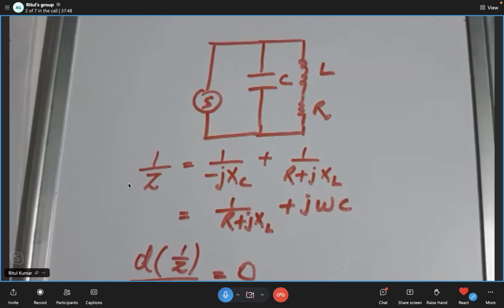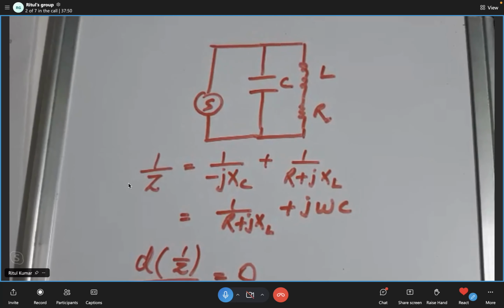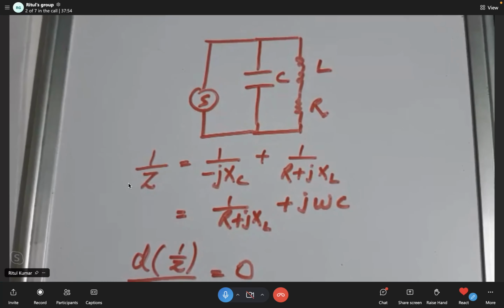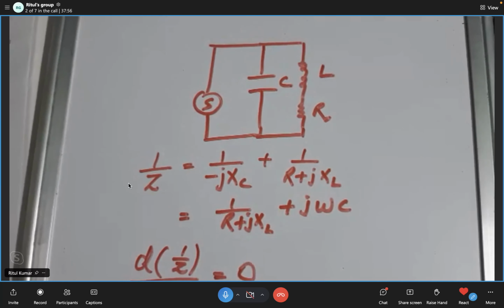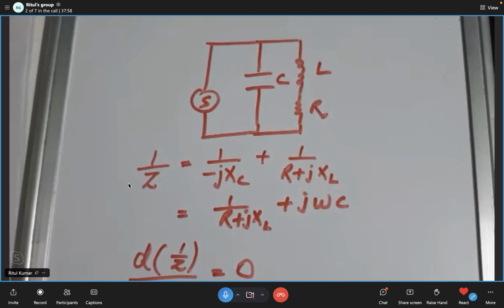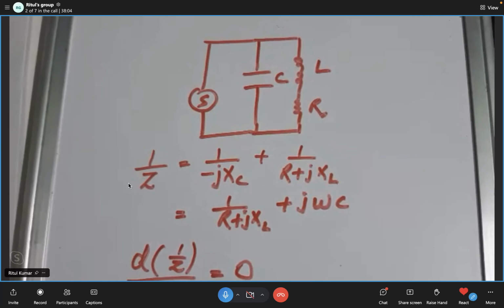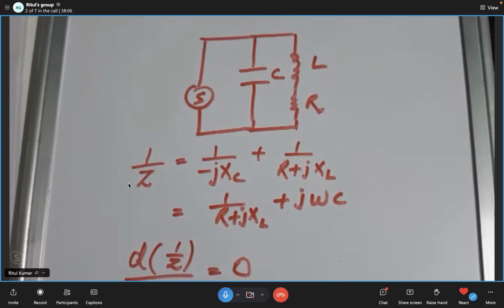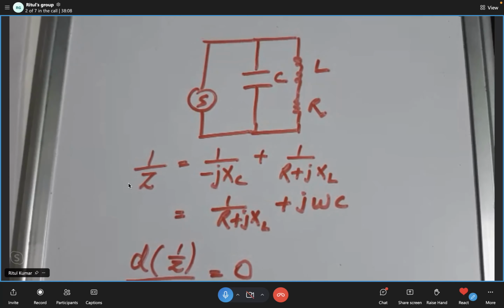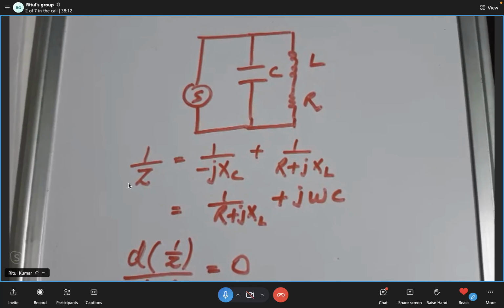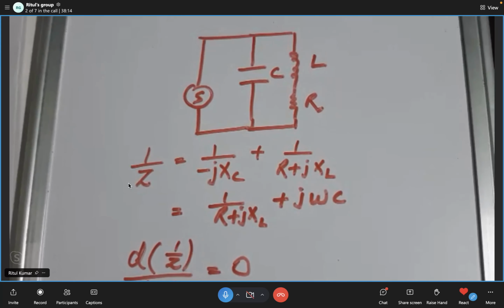We're differentiating 1 by Z, right, dear? Yes, plus J omega C, when differentiated, will get you JC. What about the first factor? When you differentiate the first factor, you will be getting minus of JL divided by R plus J omega L whole square, right?